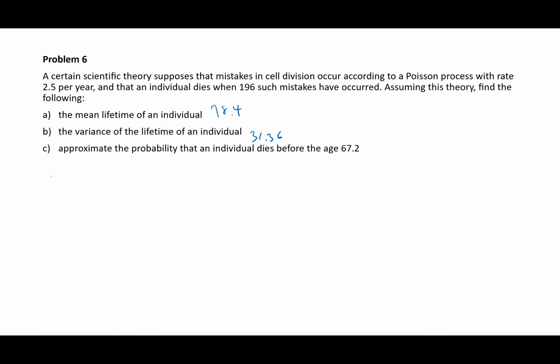I want to find now part C. Approximate the probability that an individual dies before the age of 67.2. This question really tries to relate back to what you should have already learned and applied a few times throughout your academic career.